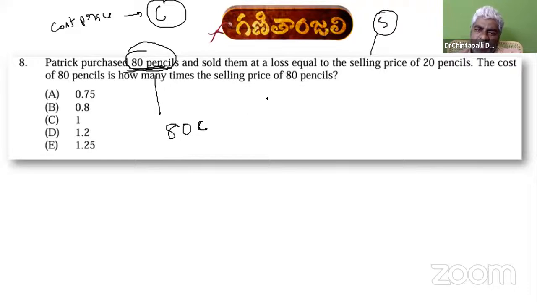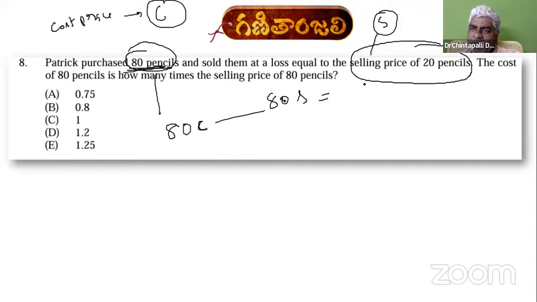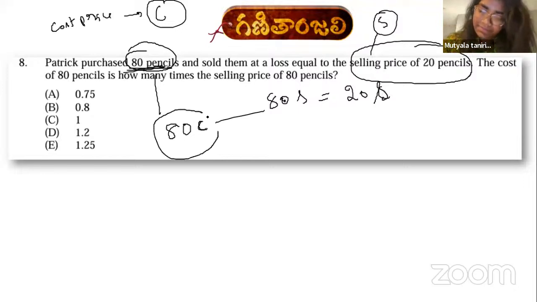And sold them at a loss equal to the selling price of 20 pencils, that is 20S. How to get the loss? The cost price of 80 pencils is 80C and the selling price of 80 pencils is 80S. Loss means the selling price is less, so 80C minus 80S is equal to the selling price of 20 pencils, that is 20S.